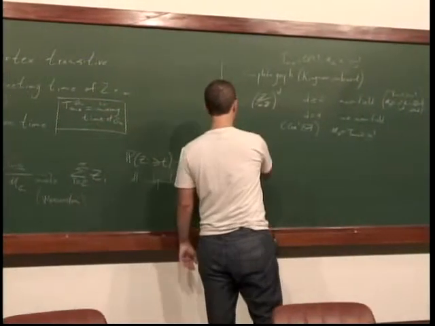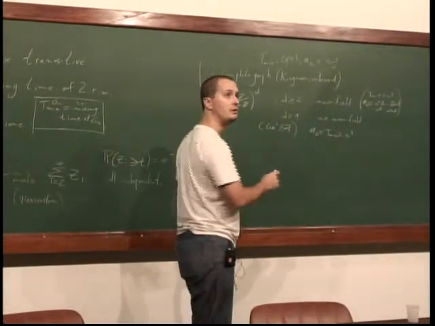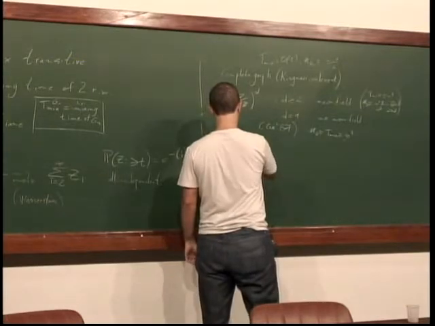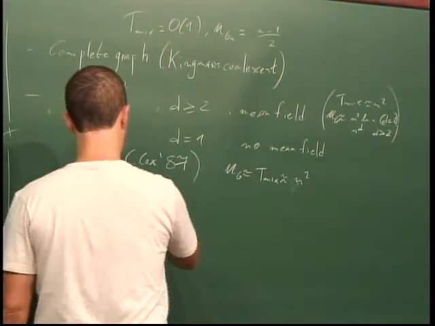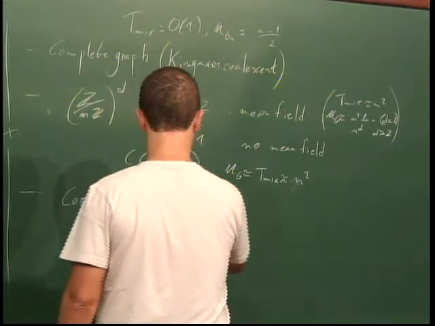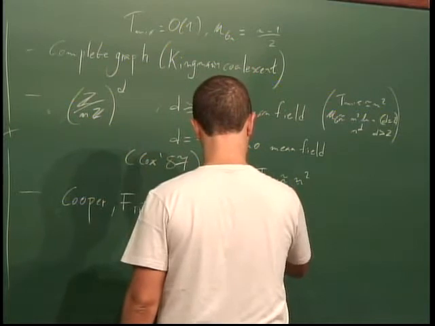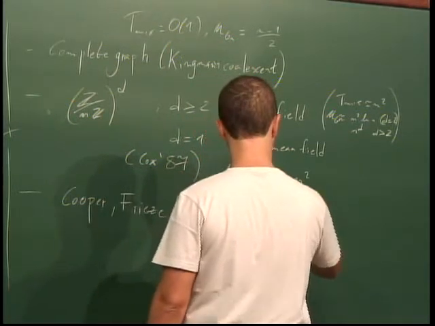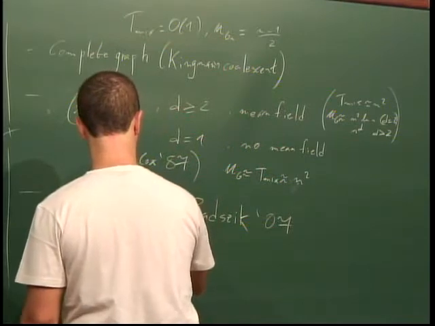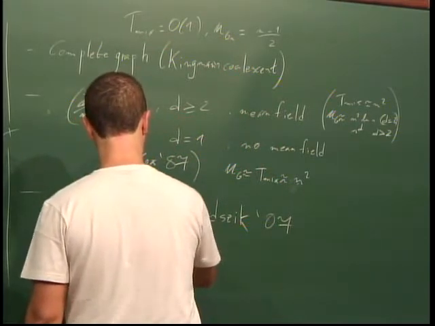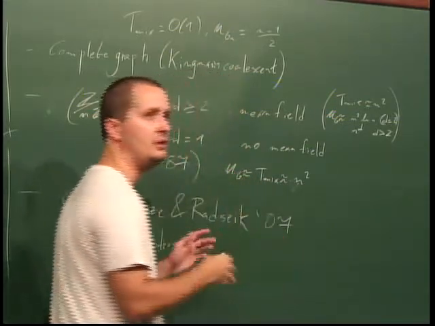And there are more recent results, which I guess are the only results known for non-transitive graphs, which are due to Cooper, Frieze, and Radzik. That's 2007, for expander graphs satisfying some non-standard conditions.